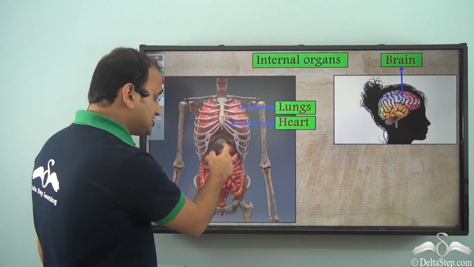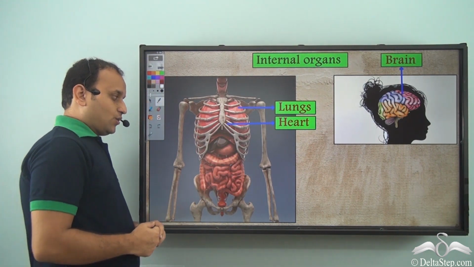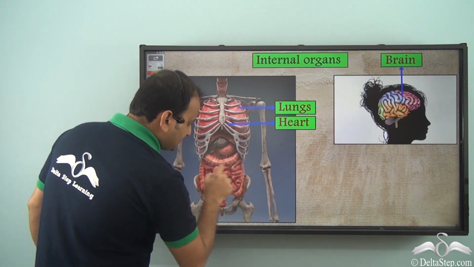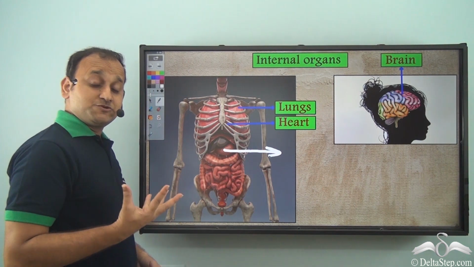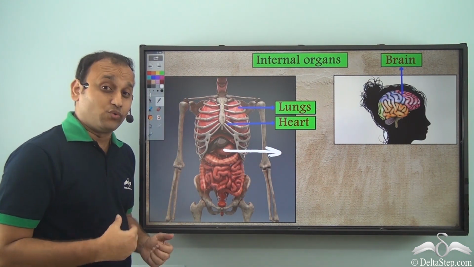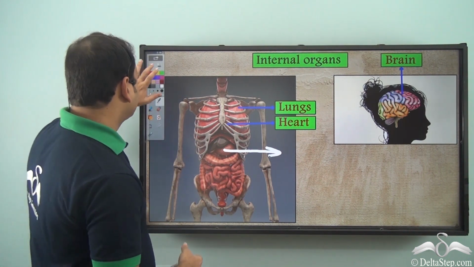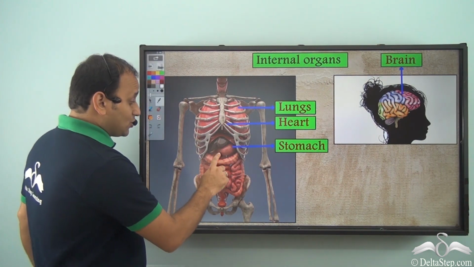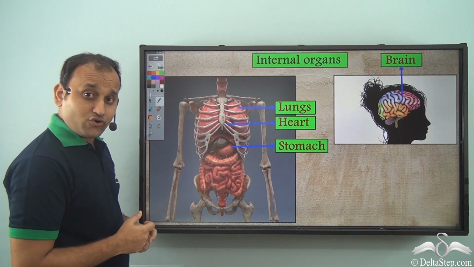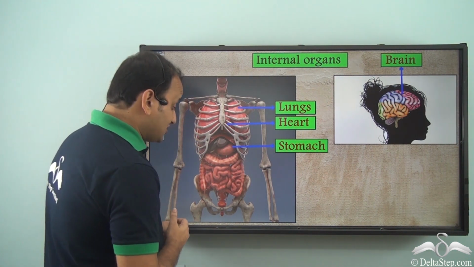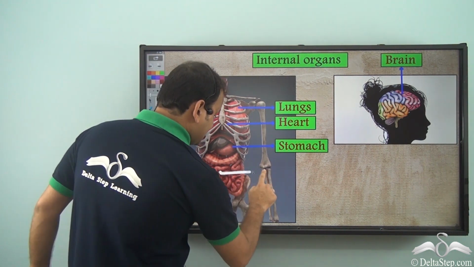Now as we move down, what do we have? Well, we have the stomach here. So this is the stomach which processes all the food and converts it into pulpy material. So we have stomach located here. Now next, where does the food go? Well, the food goes into the intestines.